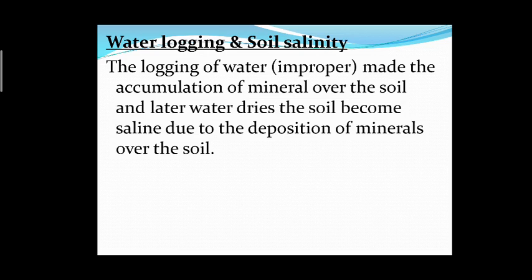That makes the accumulation of minerals over the soil, and later when water dries, the soil becomes saline due to the deposition of minerals over the soil. And this is also a polluted condition because that soil can't be used for agricultural purposes.